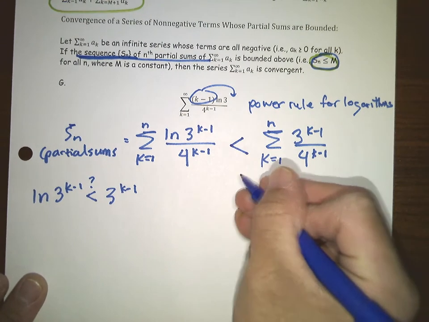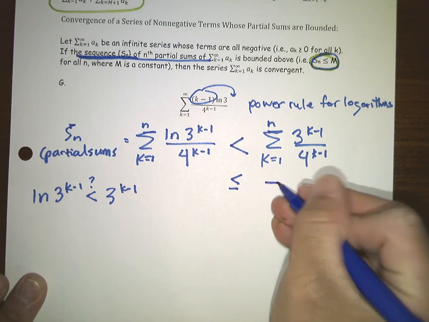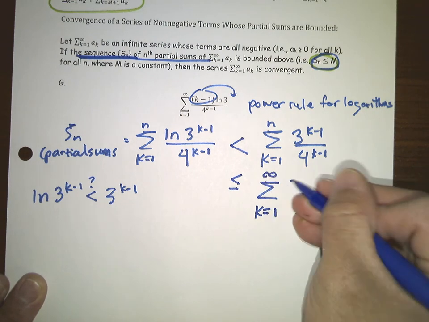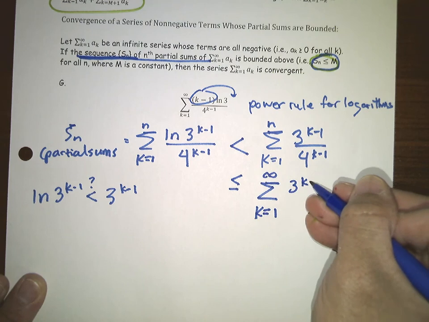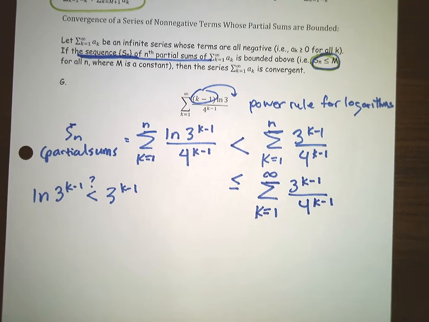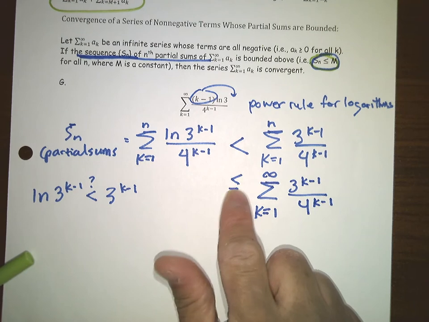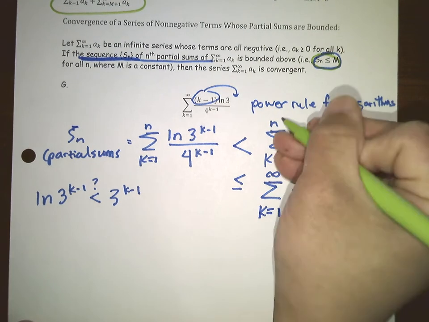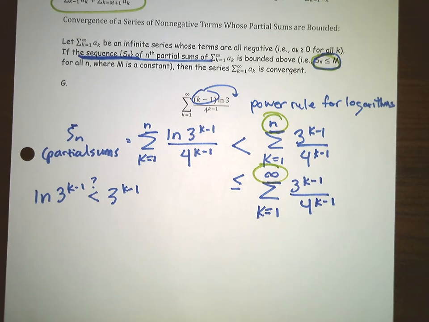But then I can say this is less than or equal to the sum k equals 1 to infinity of 3 to the k minus 1 over 4 to the k minus 1. And I know that this is actually less than or equal to this because this has n terms and this is going to infinity.